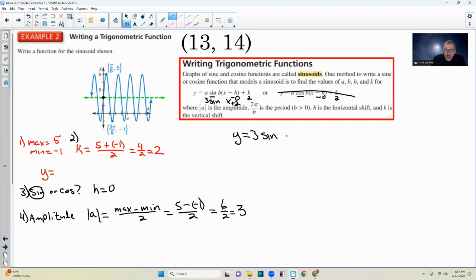I need to determine how many times it repeats. So sine, remember the unit circle. It's always a good idea to go back to the unit circle. Sine of 0 is 0. Sine of pi over 2 is 1.